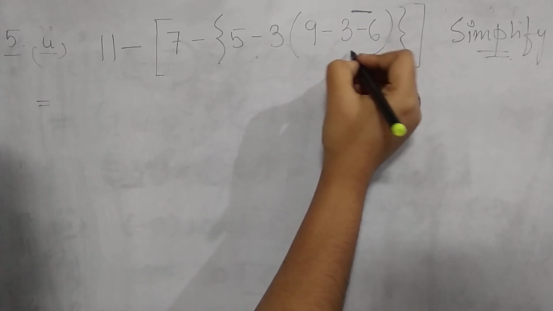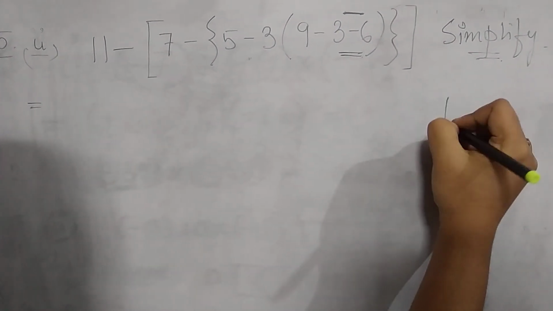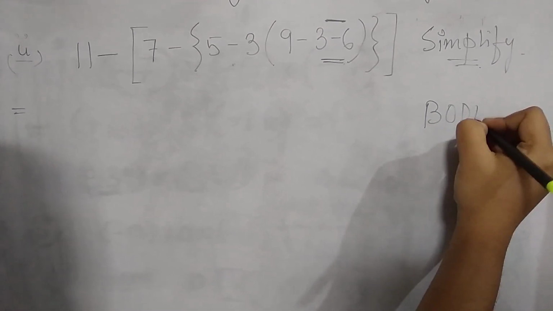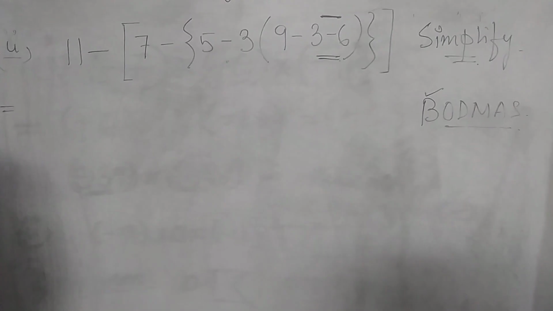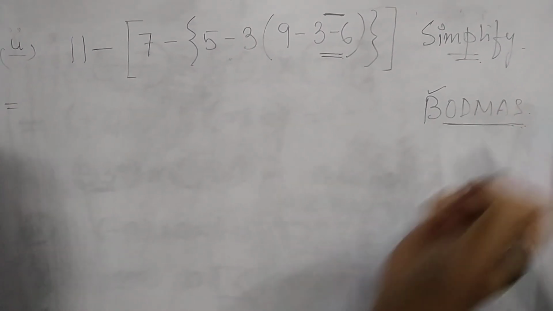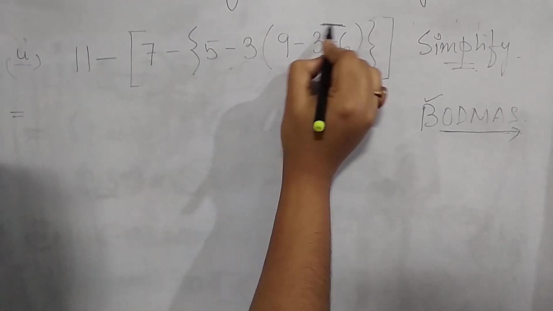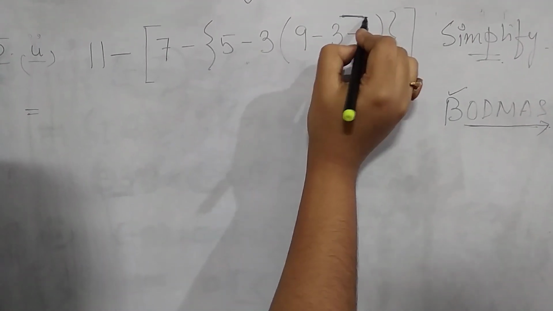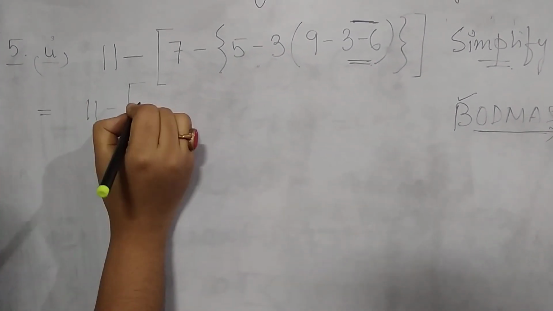This means that this operation we have to do first. First, according to the Bodmas rule, if we are following, we know that the bracket we have to do, then we can do other operations. So here, within the bracket, there is a bar out here and we have to do that before everything else.